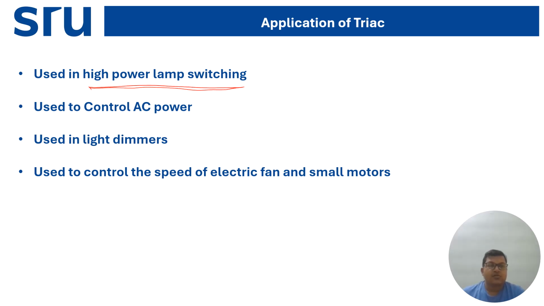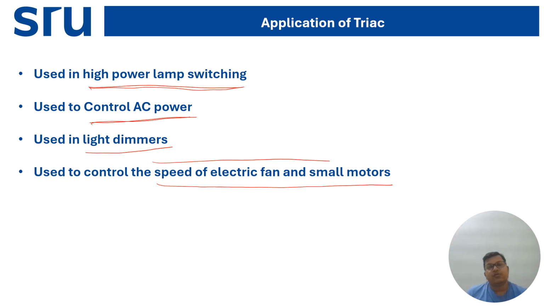Another use is to control AC power, which also comes under the high power condition. It is used in light dimmers, and to control the speed of electric fans and small motors. These are important domestic applications where TRIAC is also used. So these are a few applications of TRIAC.